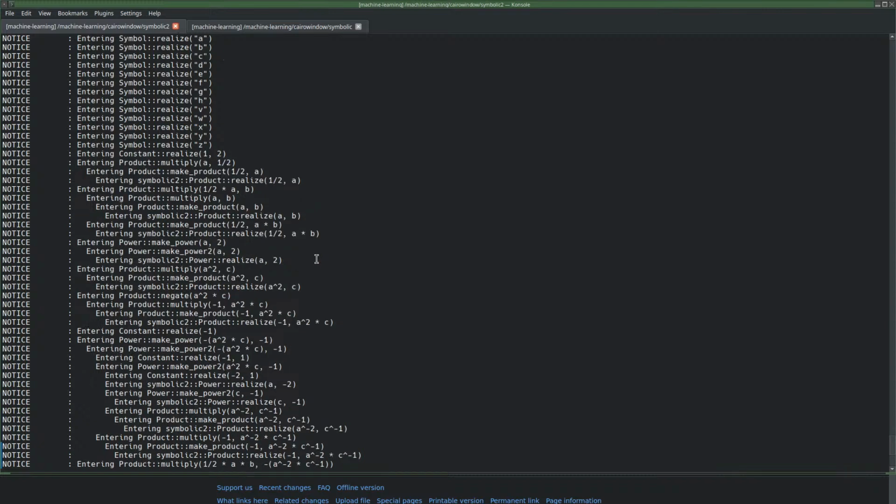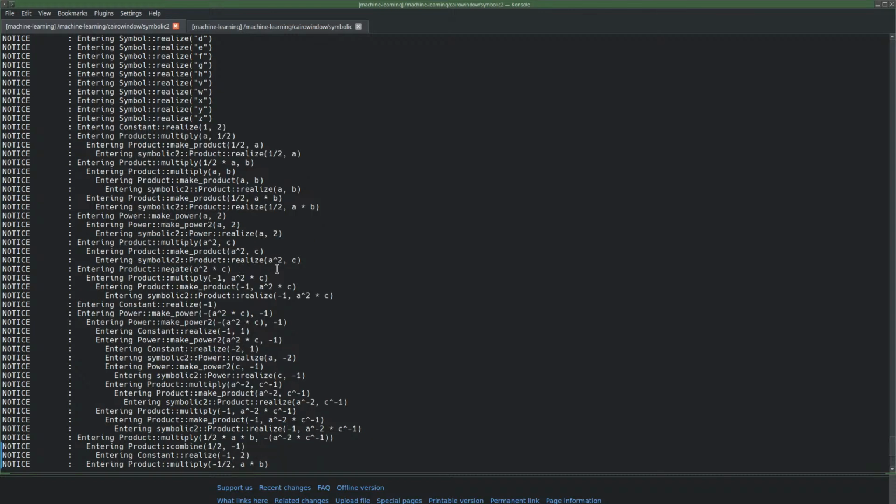Realize that. Make a, make power 2 a2, realize a2, multiply the result with c.